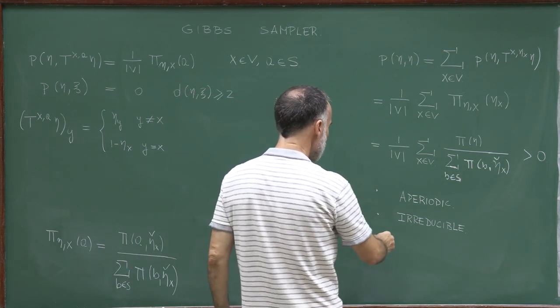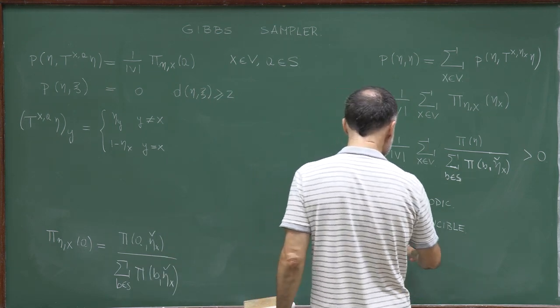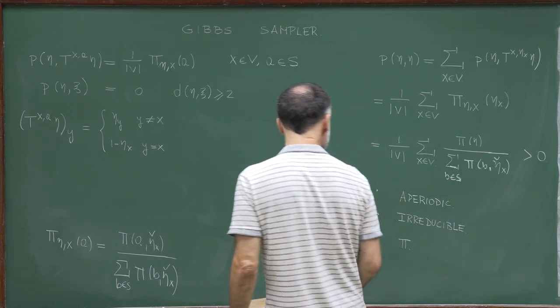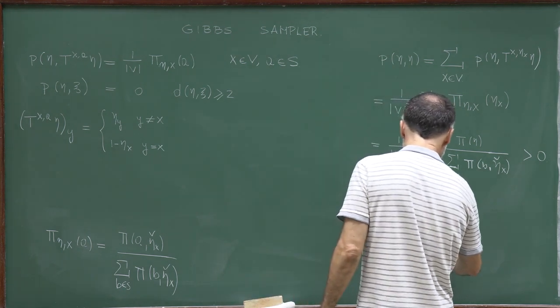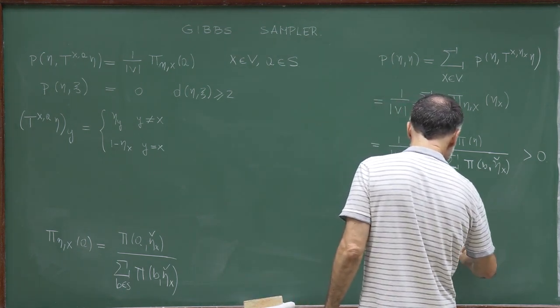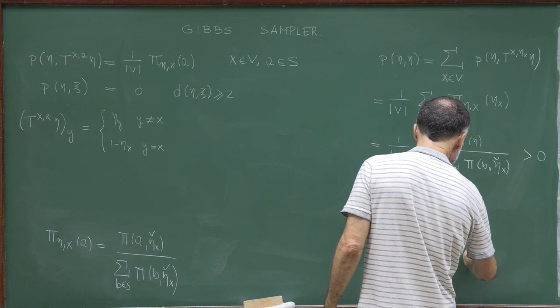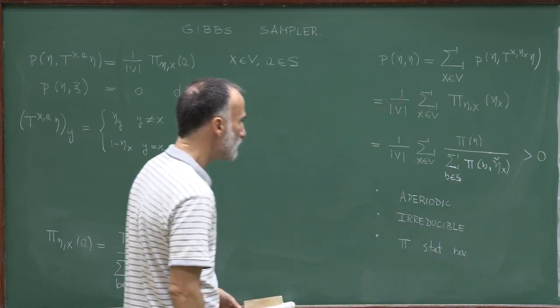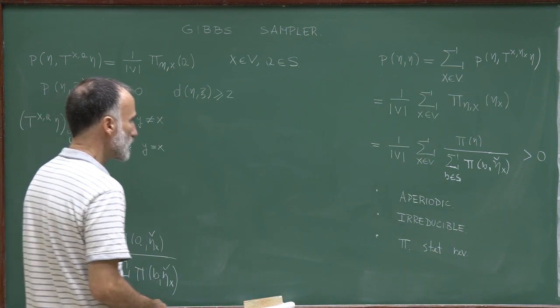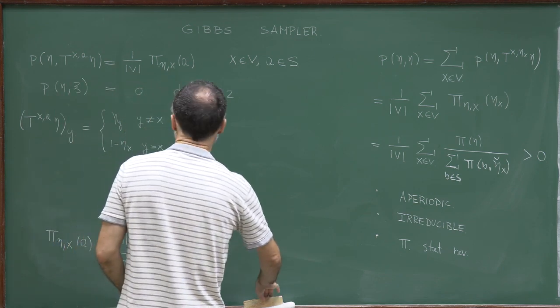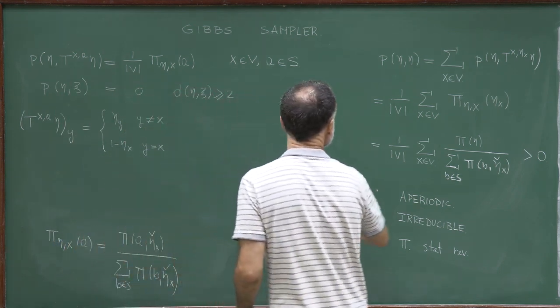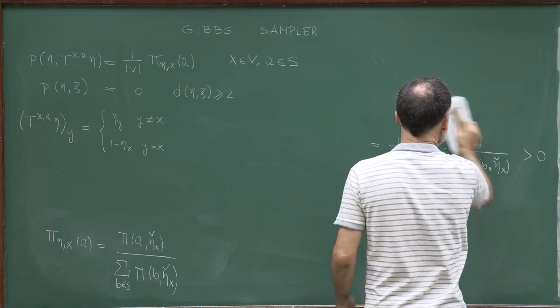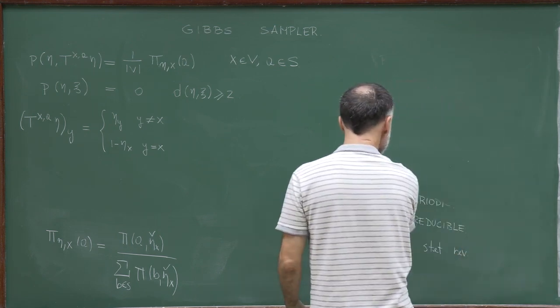So you have to face that problem model by model. And now what I claim, which is easy to prove, is that the measure pi which we started from is stationary. Actually, it's reversible, it satisfies the detailed balance conditions. So let's prove that. Let me erase here, I don't need that formula again.